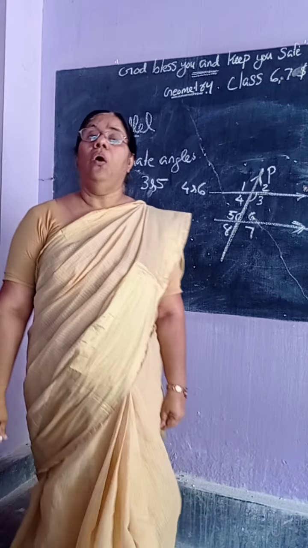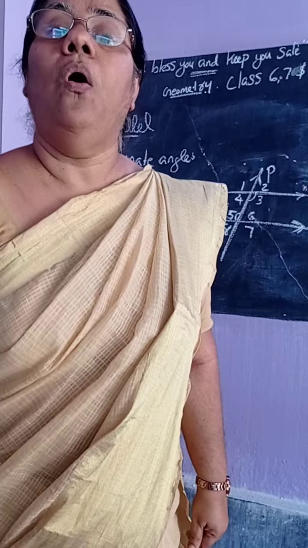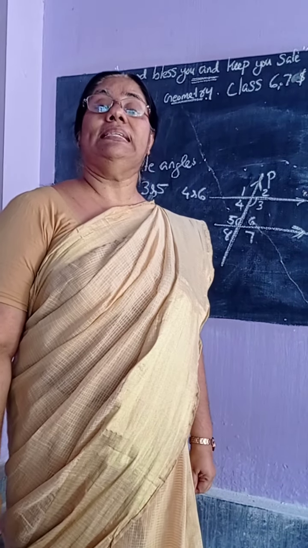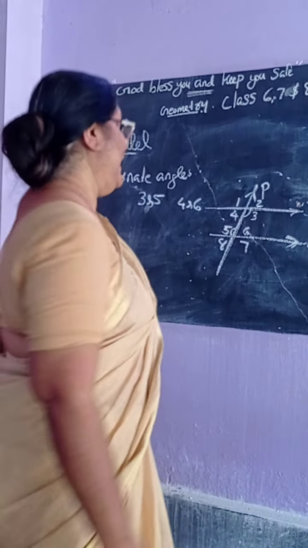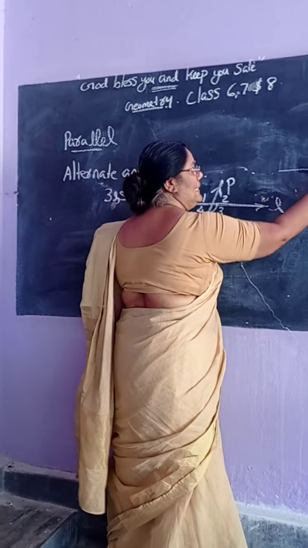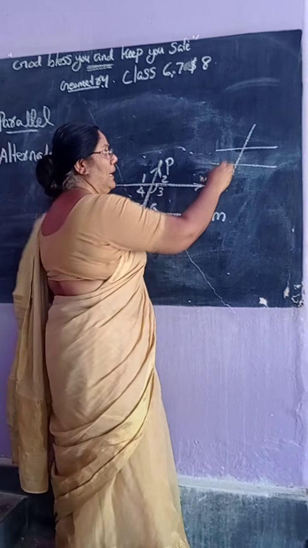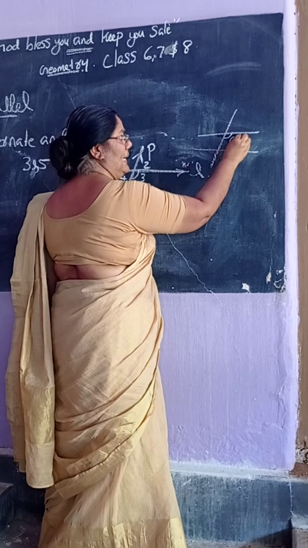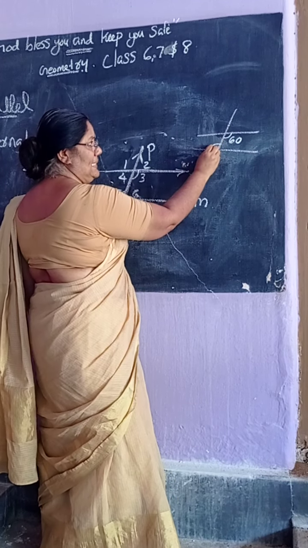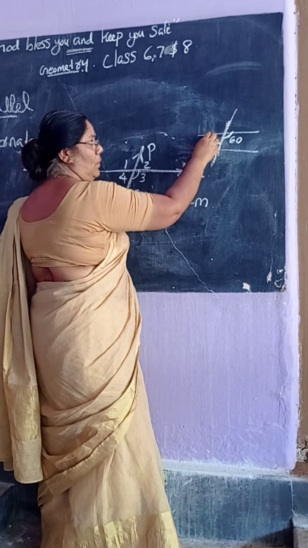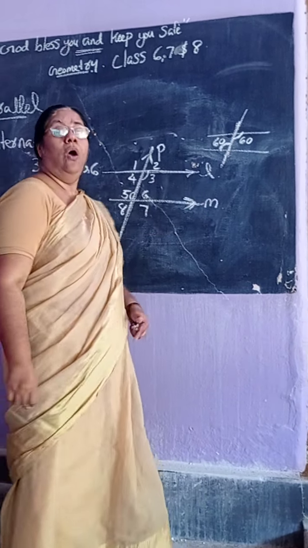They are alternate angles. Alternate angles are equal, right? For example, suppose this is a parallel line and this is the transversal. If here you mark this angle 60, then this side angle is also 60.